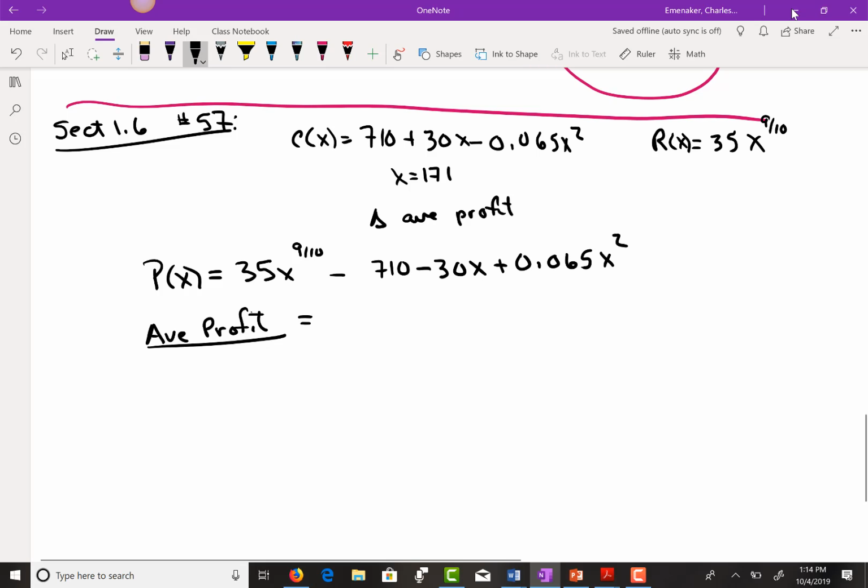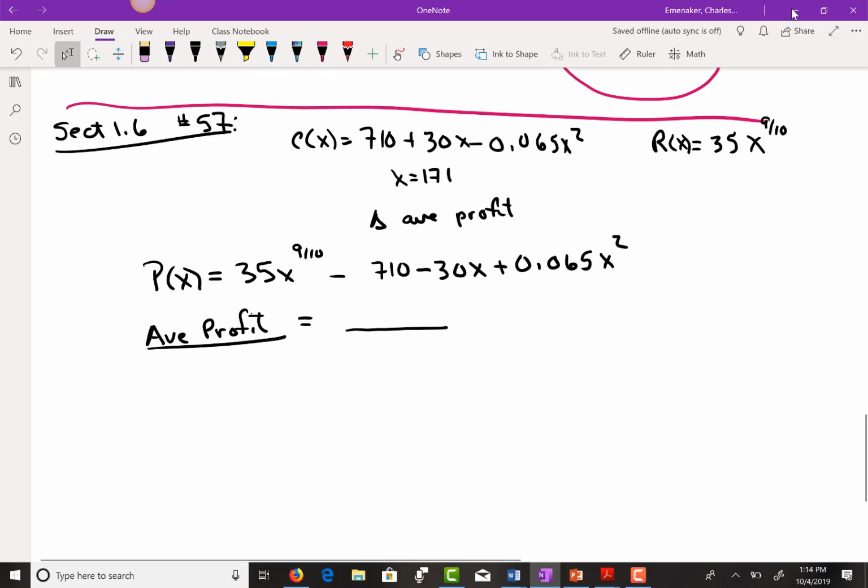Does that make sense? So to get the average profit, I'm going to take this profit function, 35x to the 9/10 minus 710 minus 30x plus 0.065x squared all over x.